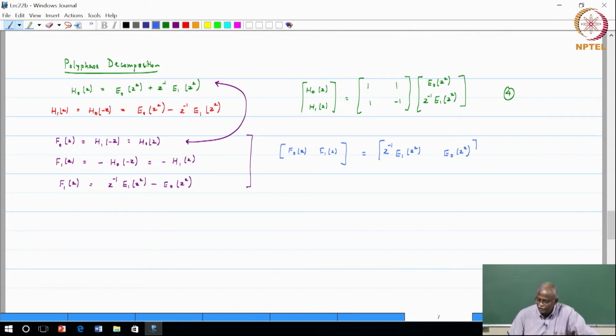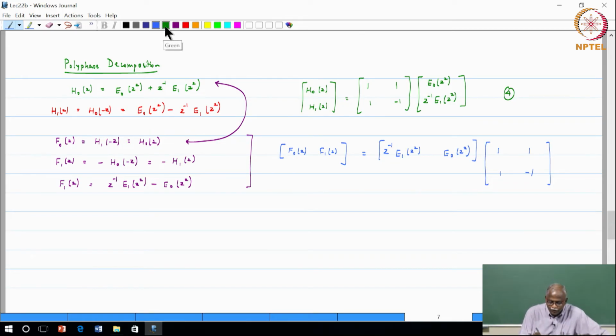I will explain in a minute why I have chosen this. If you write it in this form, notice that the matrix that does the combining of the polyphase components comes out to be 1, 1, 1, minus 1. Okay. And that is an orthogonal matrix. So, I like to preserve that because that was there in the analysis filters. I want to retain it in the synthesis filters as well.